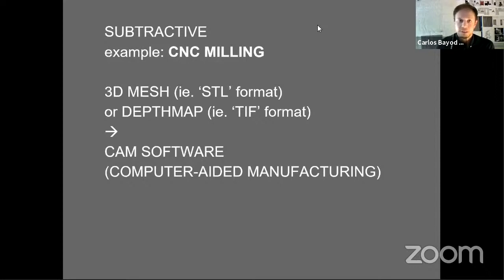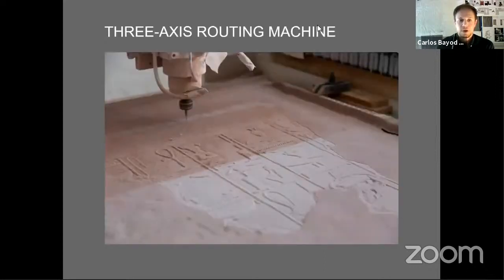Depending on the project, we are looking for one way or the other to use 3D information. But normally when we are working with 3-axis routing machines, we prefer to go for 3D information as a grayscale depth map format, because it's facilitating the work of the machine, and it's also not necessary to use such big files for having the same amount of resolution, the same amount of information.